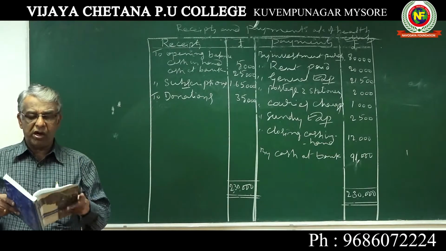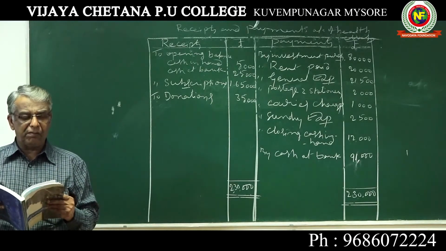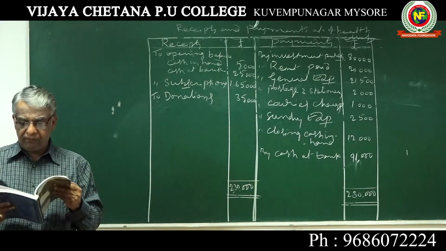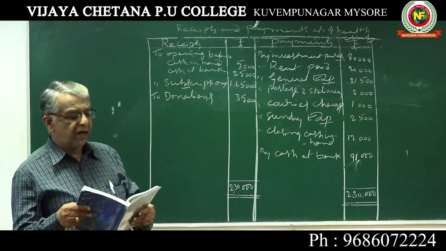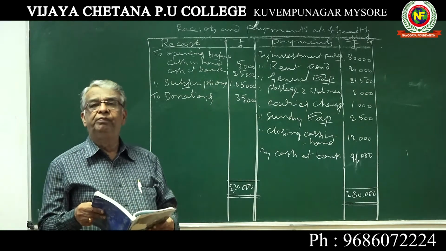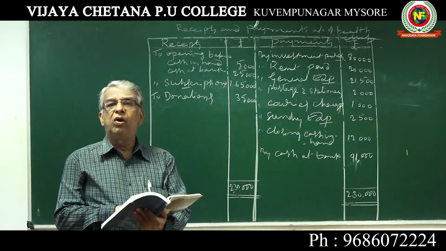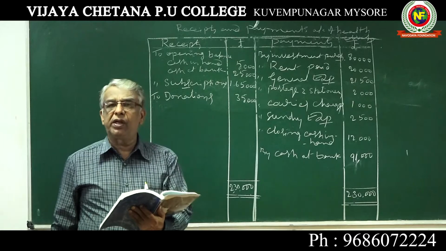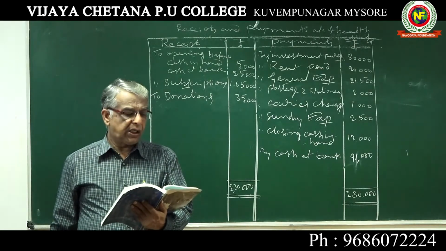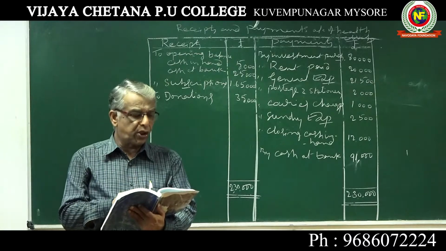I hope that you are having this textbook, and that is exercise number 2, numerical question number 2. It is on page number 52. I will just go through the problem, I will read the problem. I hope that you are going to see this problem number 2.